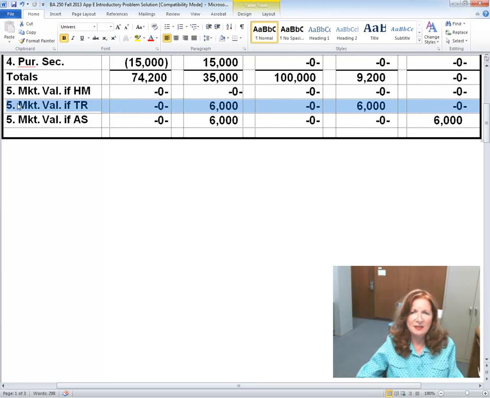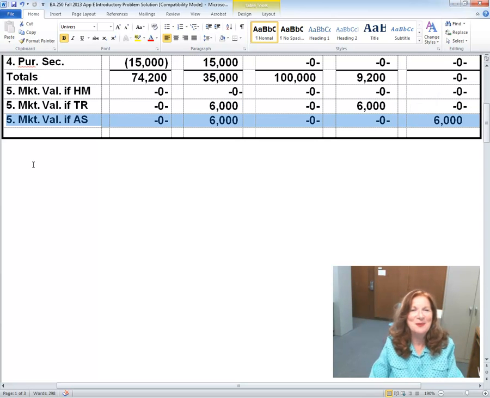Now, if it is available for sale, what you see is the $6,000 still goes into the securities, but now it goes into a separate account by itself that's reported down with retained earnings, but it doesn't go directly into retained earnings as if it came from operations.